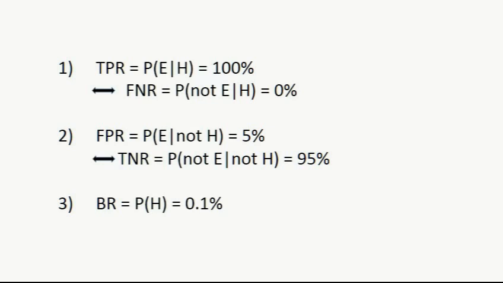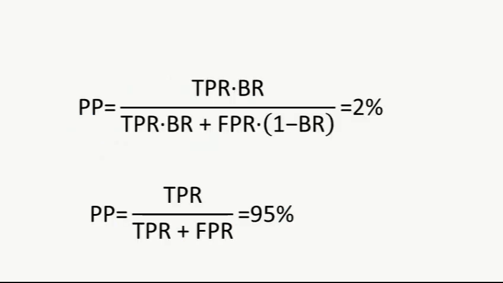Let's assume the base rate is 1 in 1,000, as the uncommitted coach suggested. You plug that into the Bayes formula, along with the 100% TPR and a 5% FPR, and the result is that the probability that your child is a football star after the coach's forecast is just about 2%.